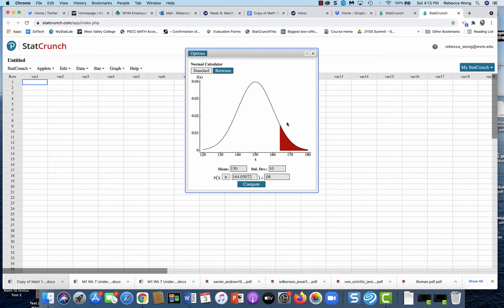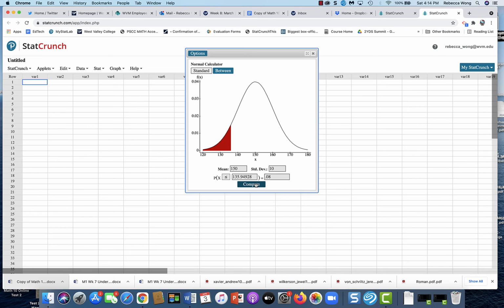And if we look at this picture, this is exactly what we wanted to find, the heaviest 8% of dogs. And so we can see here what the weight would be. It would be about 164.1 pounds.